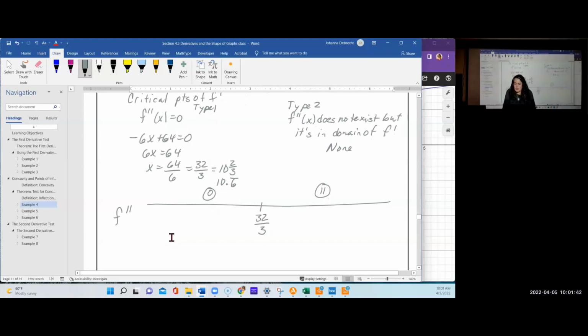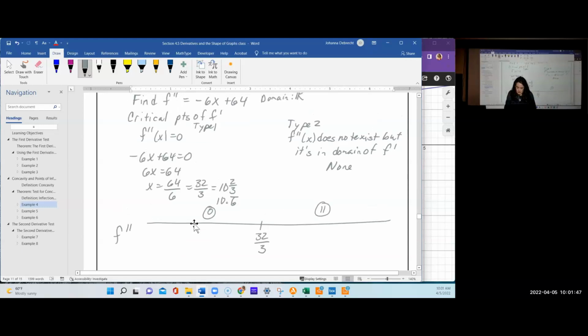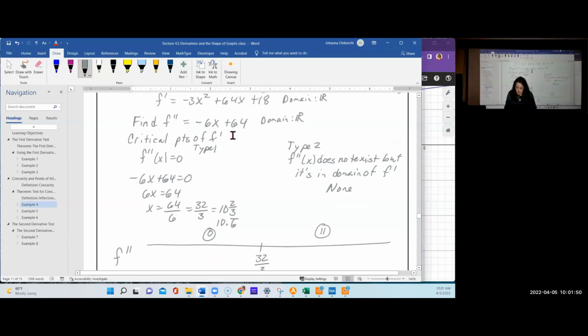When I plug these values in and take my test points, if I plug 0 into the second derivative, which is up here, I get a positive value, which tells me that it's concave up in this section. Now I plug in the 11 into the second derivative, or 12 or whatever number you picked. It's got to be larger than 10.6 repeating. When we plug that in, I get a negative value, and that tells me it's concave down.